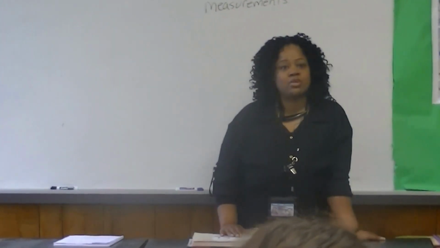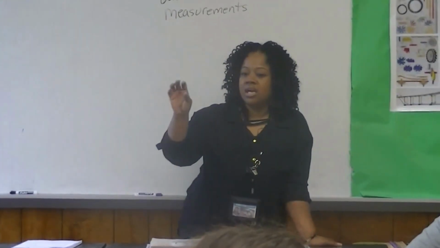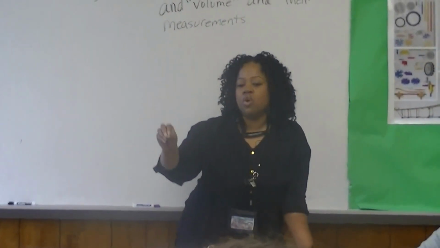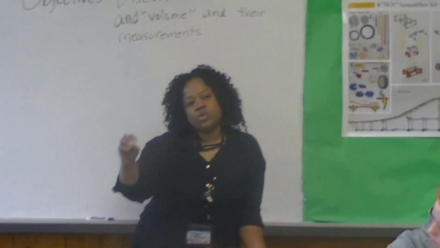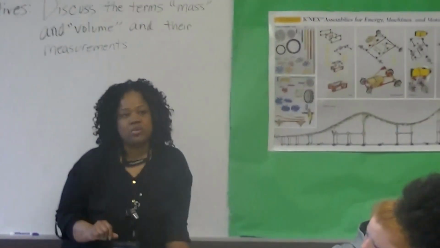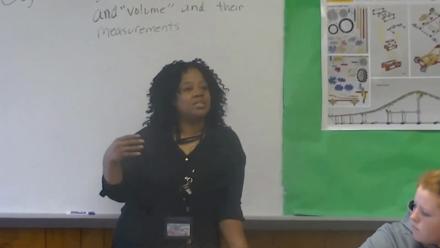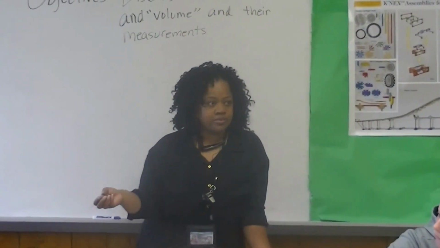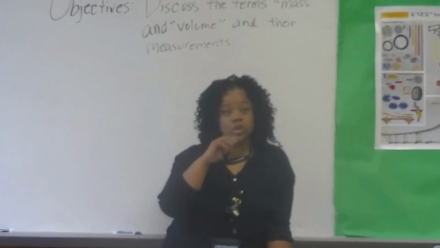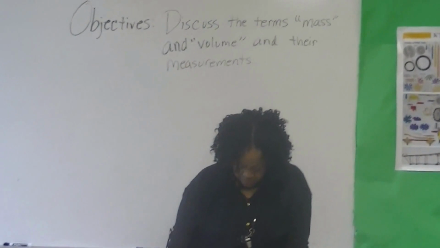That was the displacement of water, where you recorded what you saw on the graduated cylinder, and then you subtracted the initial water, and you were able to tell the volume of the sphere. That was the displacement of water, so we're already familiar with that one.